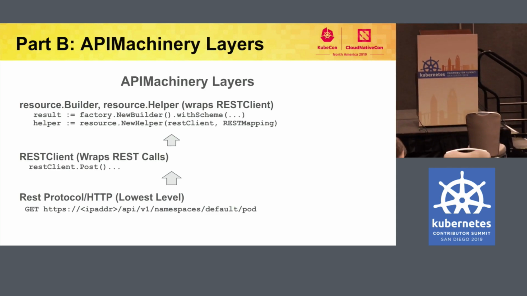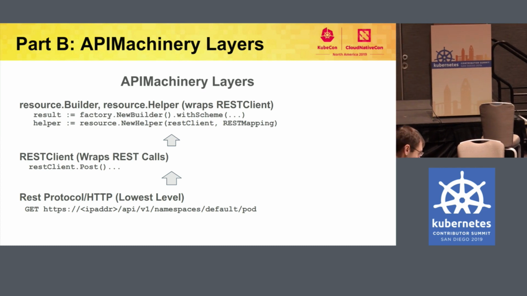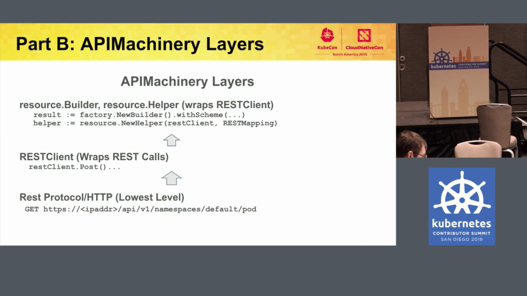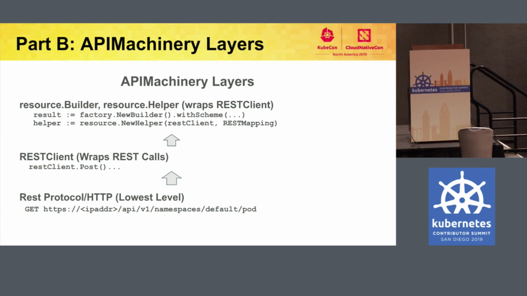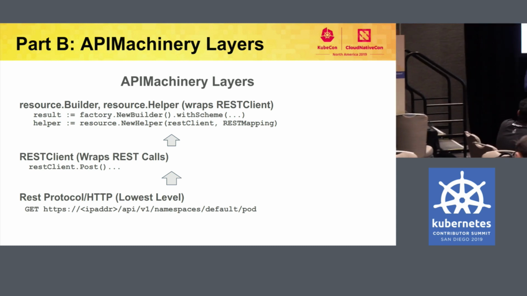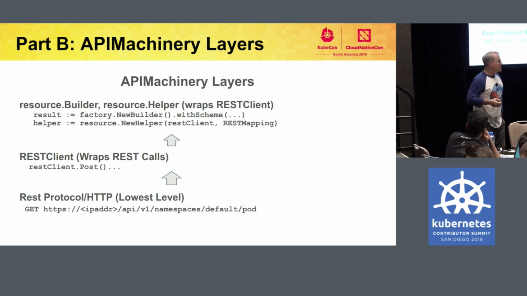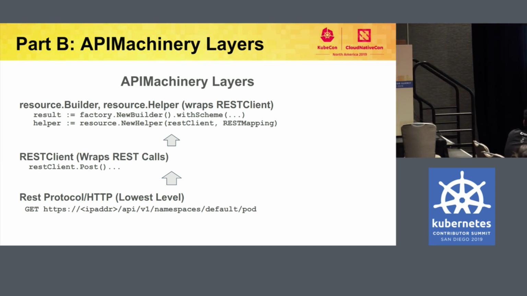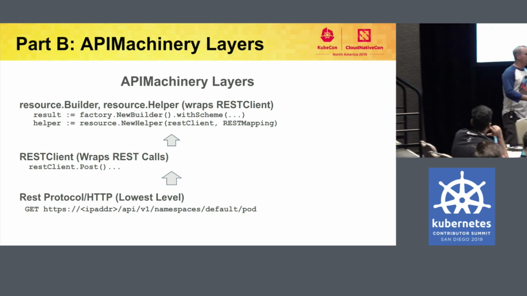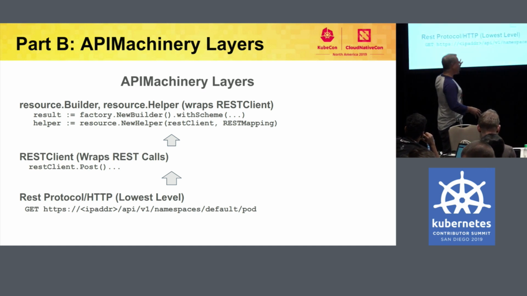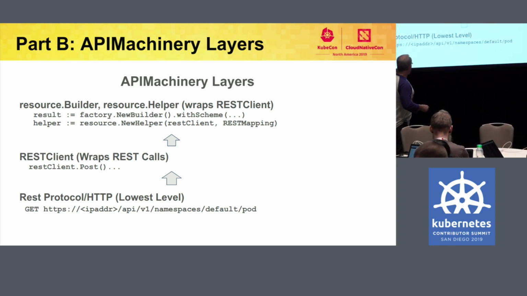Okay, so here's one layering of how we think about talking to the API server. At its very lowest level, there's a REST protocol over HTTP, and I'm going to show some examples of what that looks like.